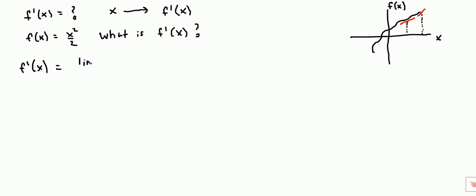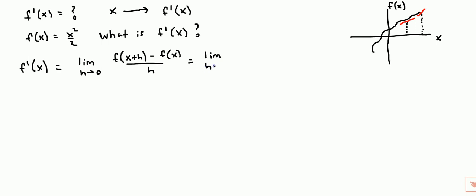The limit as h approaches 0. Now, in the last example, when we were looking for f prime of 1, we used f of 1 plus h minus f of 1 divided by h. But now, we're going to use x. Any x. So we have f of x plus h minus f of x divided by h. Okay? This is the limit.